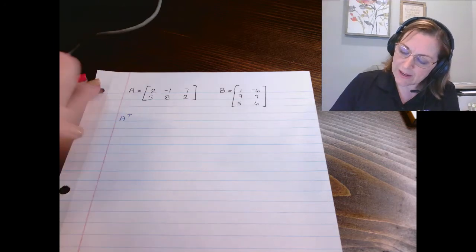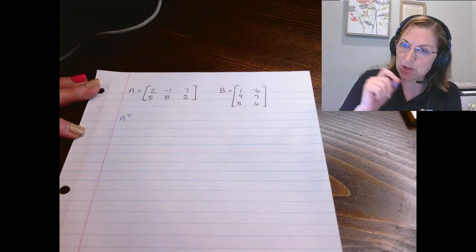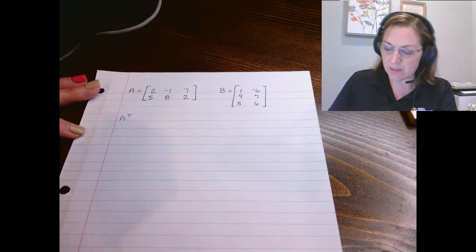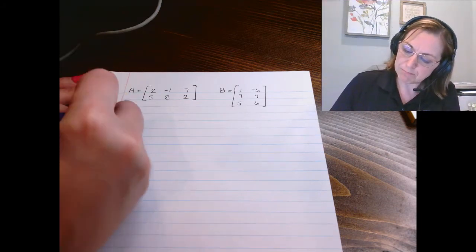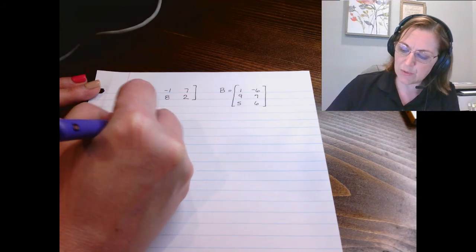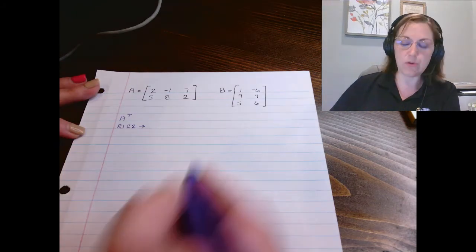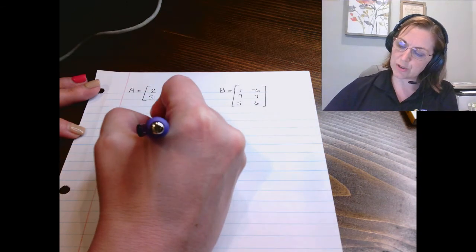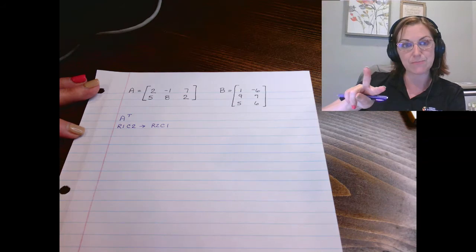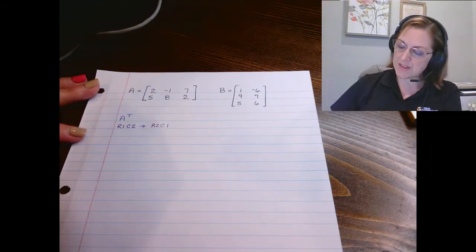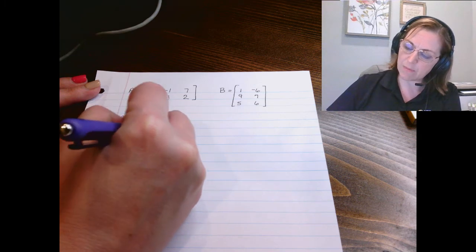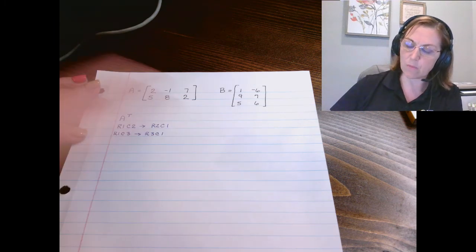I normally would start with row 1, column 1, but I'm actually going to start with row 2, column 1, because you'll see a bigger difference. So we're taking row 1, column 2, and we're going to move that element to row 2, column 1. Notice how I changed the numbers there. Then we would take row 1, column 3, and that would become row 3, column 1.